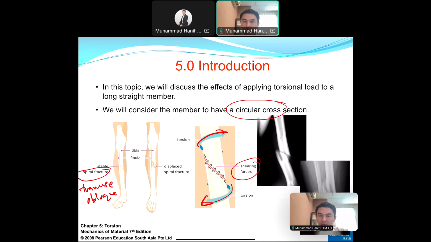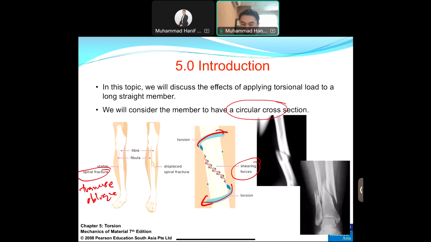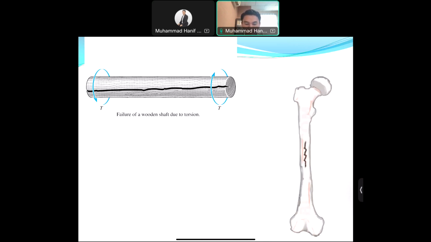So having the torsional load, you can see the X-ray image there, where you can see the spiral type fracture like this. Again, the same example here does not happen in a transverse one like this, but can also occur as a longitudinal fracture.